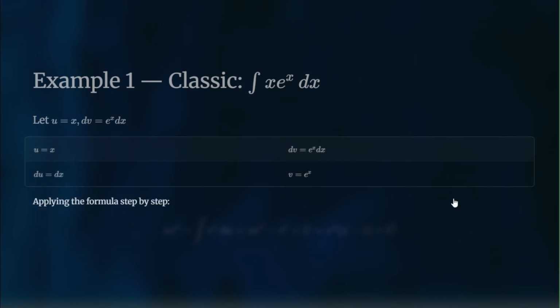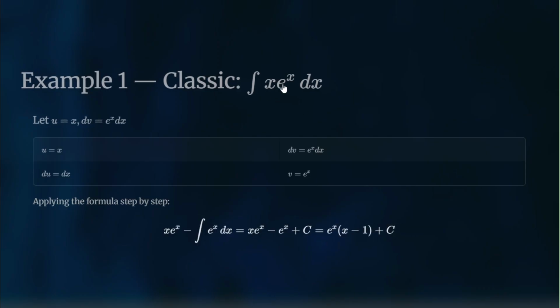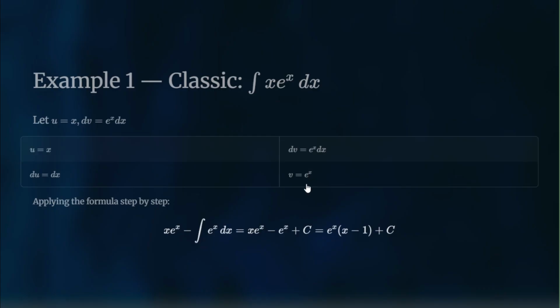Now we can apply the formula step by step. The integral of x times e to the power x dx is equal to u times v, so that's x times e to the power x, minus the integral of v, e to the power x, times du, which is dx.